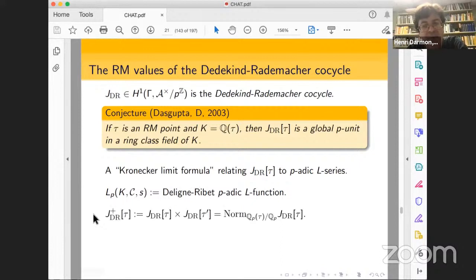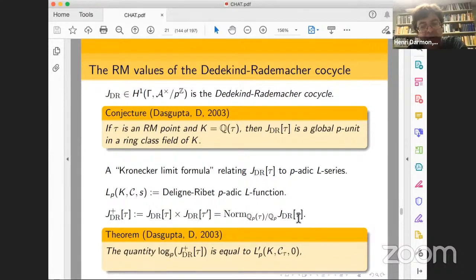And more precisely, if I denote by J Dedekind-Rademacher plus the norm from Q_p(tau) to Q_p, so from this quadratic extension of Q_p, of the Dedekind-Rademacher value at tau, then the theorem is that this quantity, the p-adic logarithm of J Dedekind-Rademacher plus of tau, is equal to the derivative of the Deligne-Ribet p-adic L function attached to this ideal class.